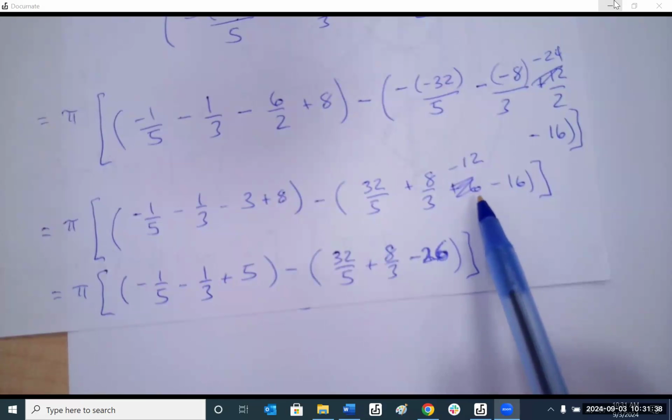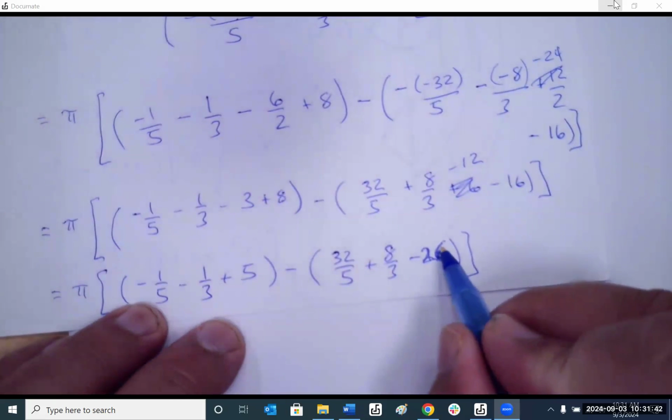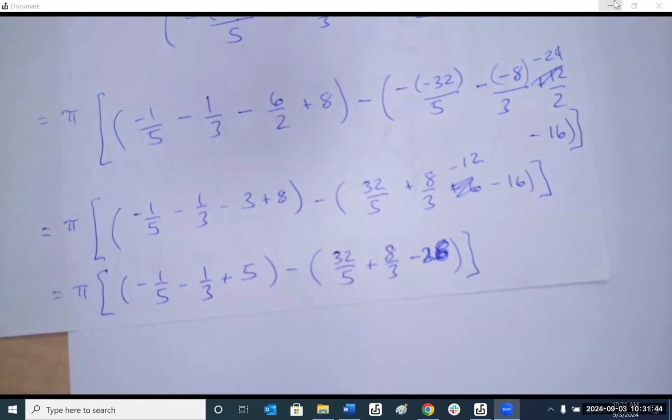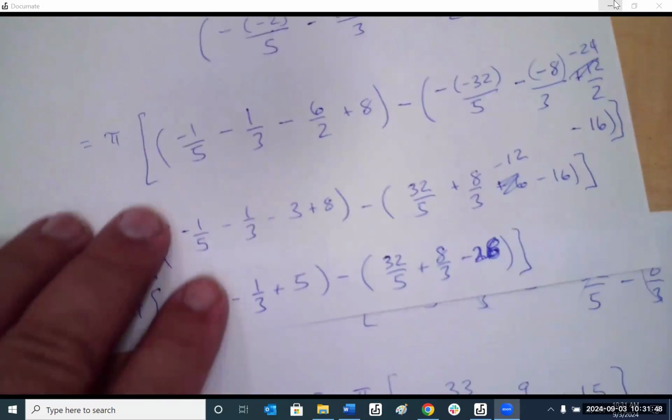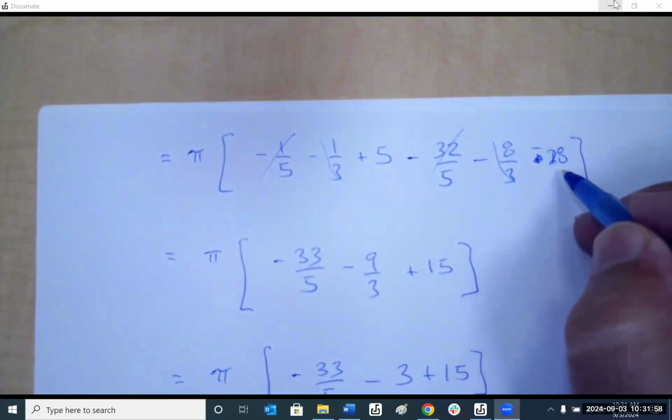Always check your work. Or 28. That had been 28.